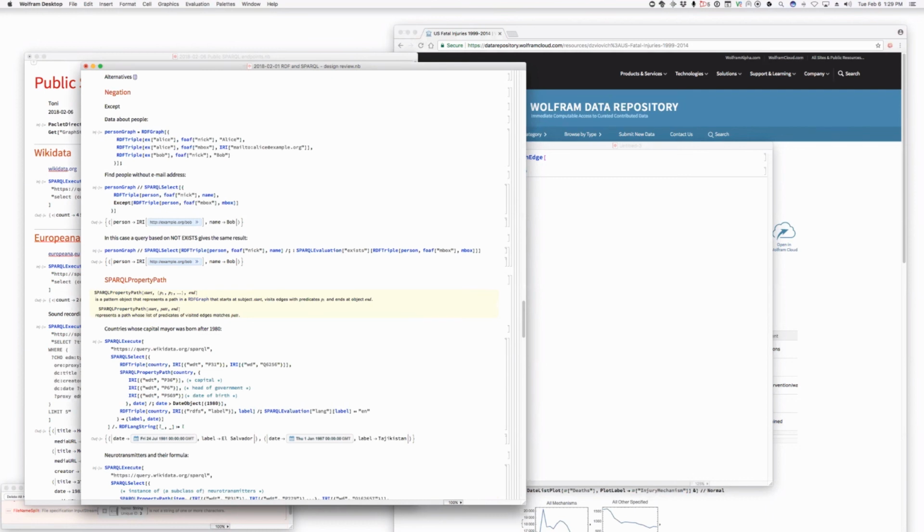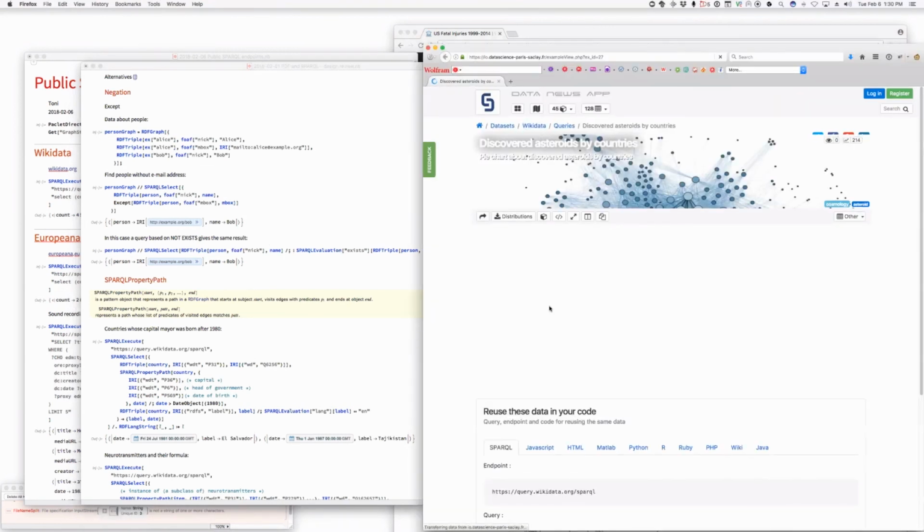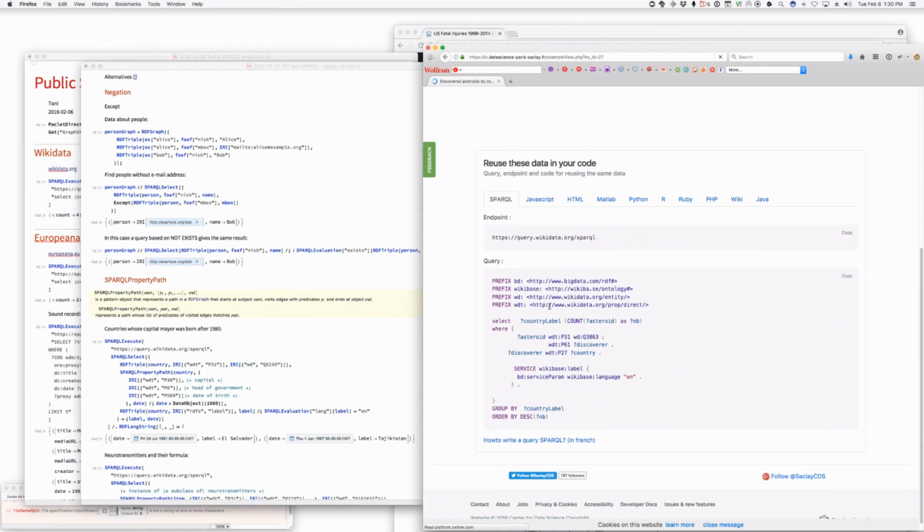Okay, somebody is giving us a resource with SPARQL query examples. Let's take a look at what they sent. Discovered asteroids by countries. Yeah, okay, fine. Again, that's not deeply triple-istic.